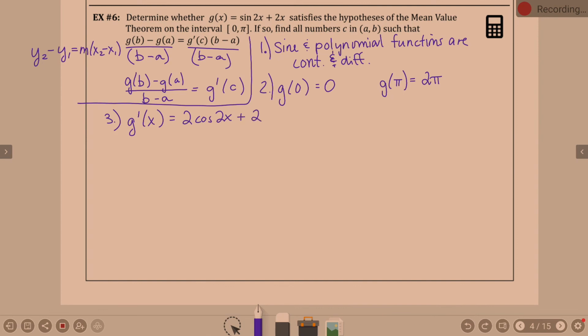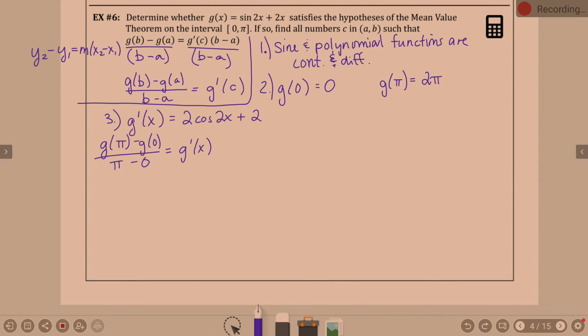So derivative of sine of something is cosine of something times the 2, plus the derivative of 2x, which is 2. Now if we're setting this up, what are my endpoints? Pi and 0. So g of pi minus g of 0 over pi minus 0 equals g prime of x.